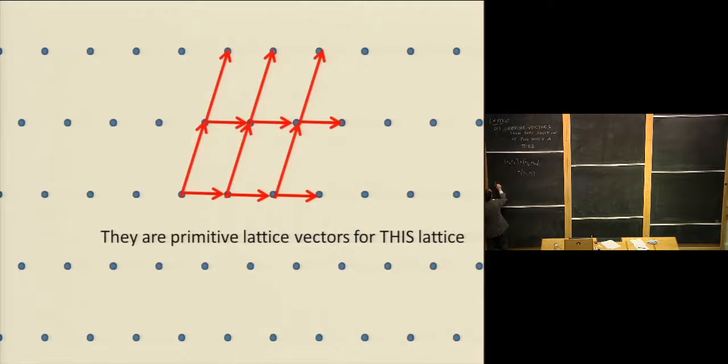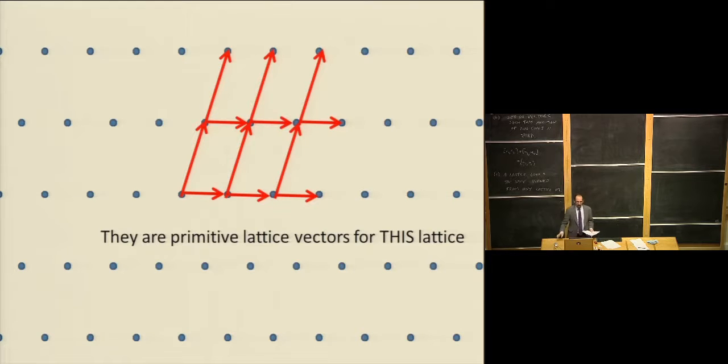A third definition, C, is that a lattice looks the same viewed from any lattice point. Okay, so for example, if I sit myself here, so this thing is a lattice.